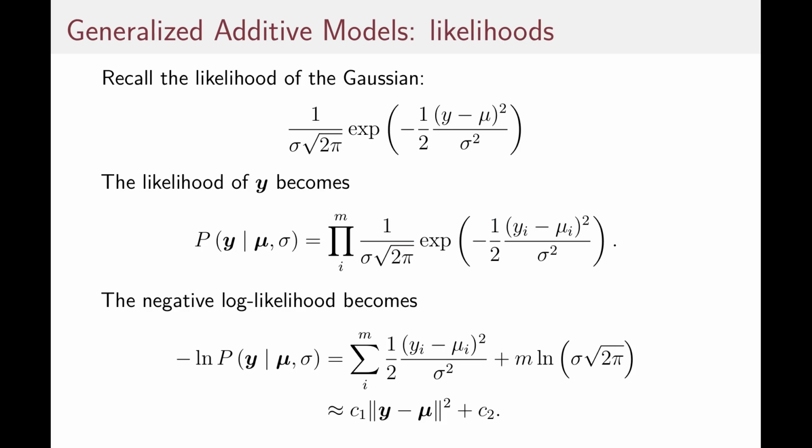As a final comment, everything that we've talked about so far is based on squared residuals, and this is equivalent to minimizing the negative log likelihood of the Gaussian. If we start with the Gaussian or normal distribution, you might remember this formula for it. The likelihood is just the product of all the data points, so that would look like this.